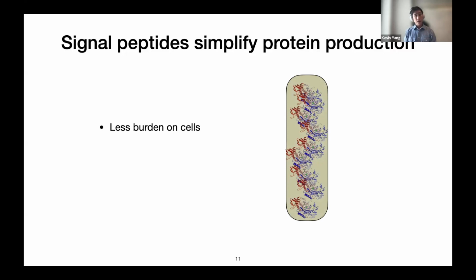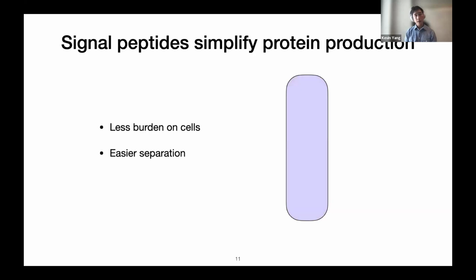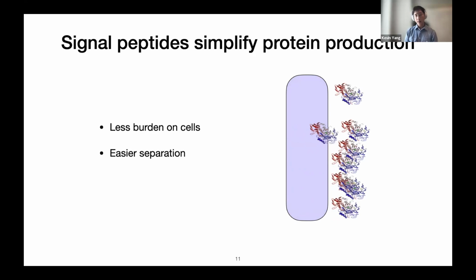So if you can get that protein out of the cell, it's less burdensome to the cell and also makes your downstream separation easier. So what you'd like is for the proteins to be secreted as they're made. And that means that later when you want to separate them, instead of having to lyse cells and do a bunch of steps, you can just spin them down. If the proteins are dissolved in the supernatant, the cells fall to the bottom, and you've got your first step, your separation, done.